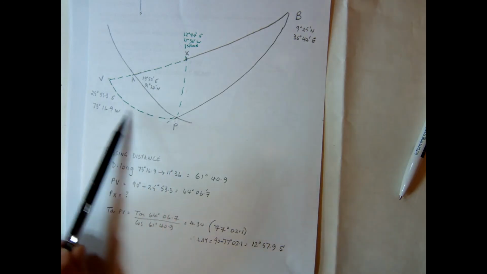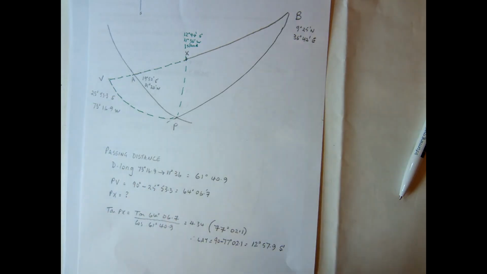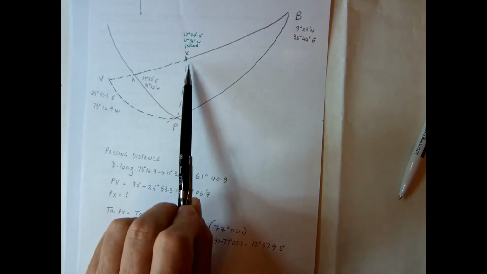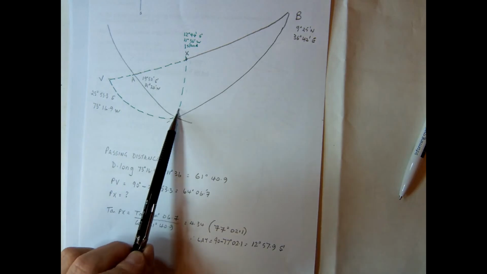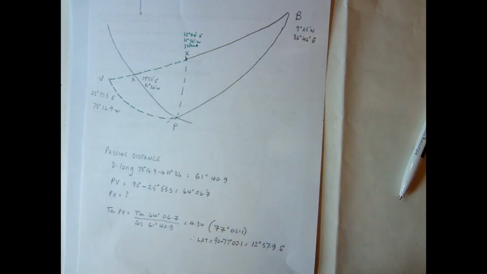We know the value of PV, so what we need is PX by Napier's rules. We know PV, we know P, therefore we want PX. And I've done it there, just roughly worked out, it comes to 1257.9 south.